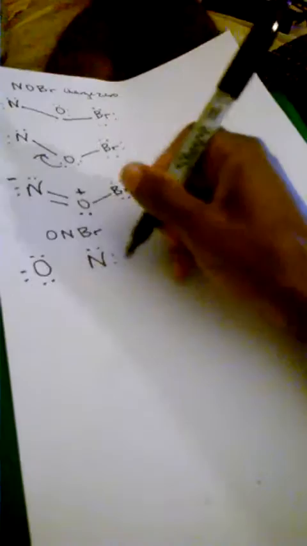So back to the beginning, we've got our neutral oxygen with 6 valence electrons. We've got neutral nitrogen with 5, and the bromine with 7 again. And we're going to connect nitrogen to both of the side atoms.